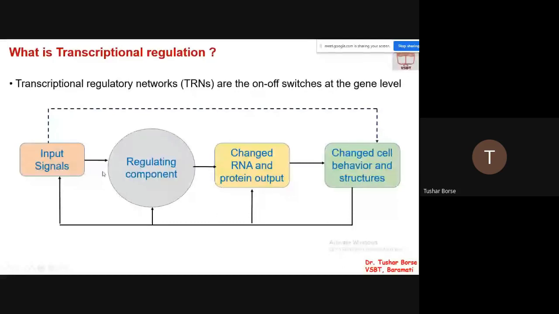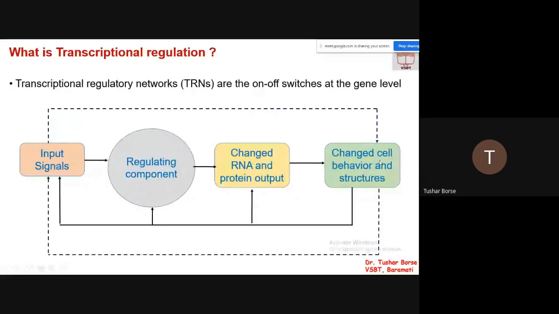Right. Now, on the other hand, the output you are getting is going to affect the input signal. If you make a change in the genotype, it affects the phenotype. That phenotypic change is again going to regulate or affect the input signal. So this loop is now completed.